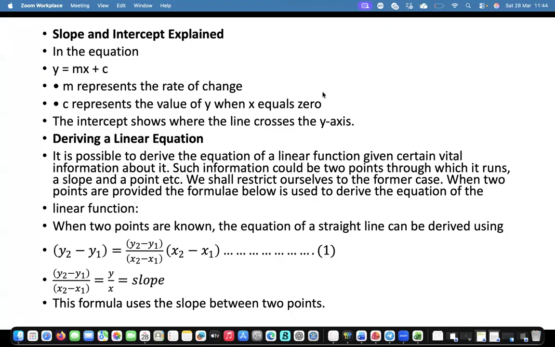When we talk about the slope, you know the formula to calculate it. That's what I want you to appreciate in this class.